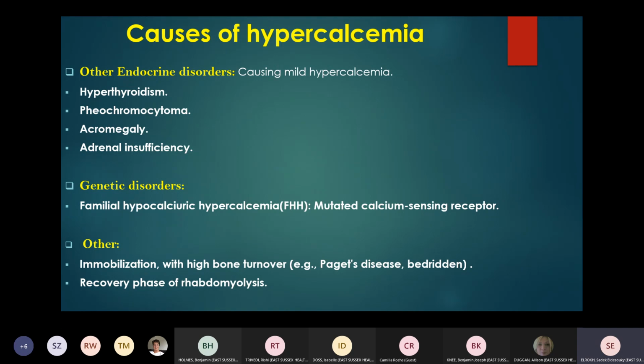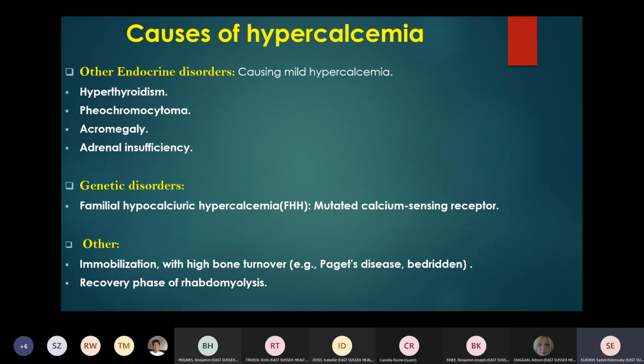To differentiate between familial hypocalciuric hypercalcemia and primary hyperparathyroidism, you have to do what's called calcium creatinine ratio. If the calcium creatinine ratio is less than 0.02, this is familial hypocalciuric hypercalcemia. We are going to talk about investigation later on.